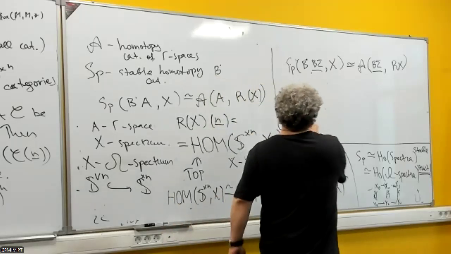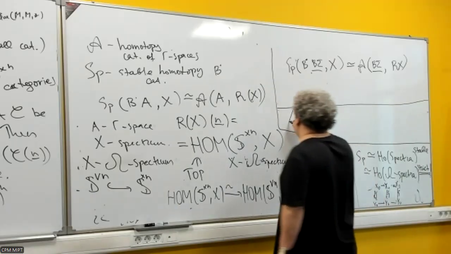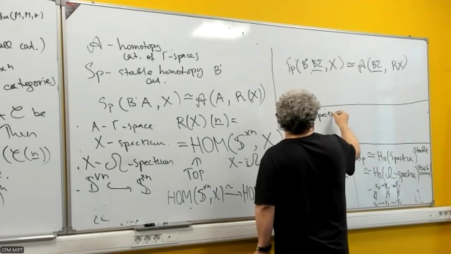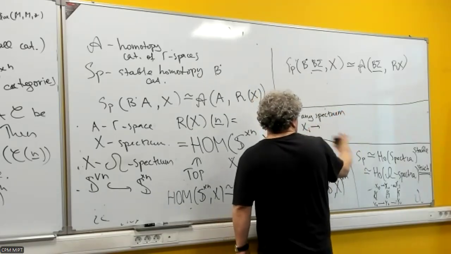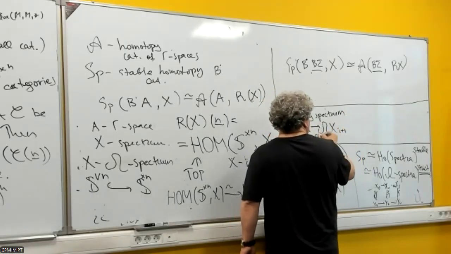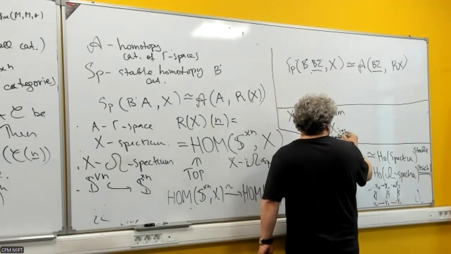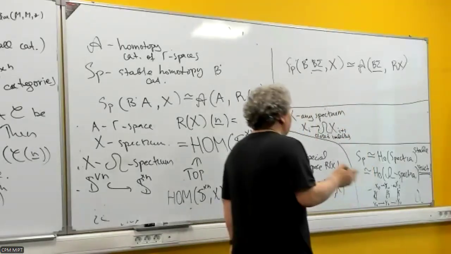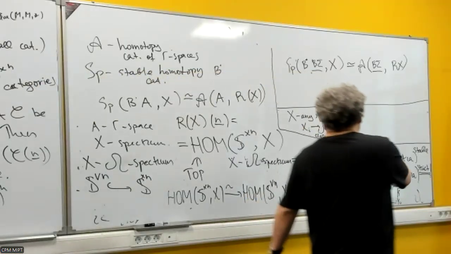One more thing we are going to use: if X is any spectrum, Segal assumes some technical assumption that the maps from Xi, adjoint to the structure maps, to omega Xi plus 1 are closed embeddings. In principle it's not very essential, but it avoids homotopy colimits, and in all examples it is fulfilled.